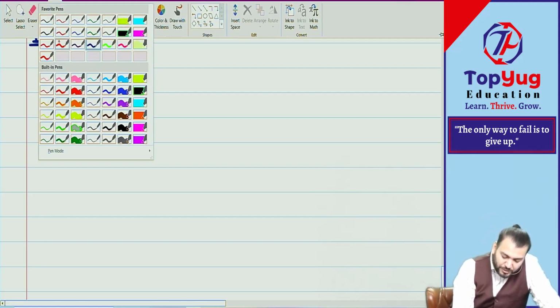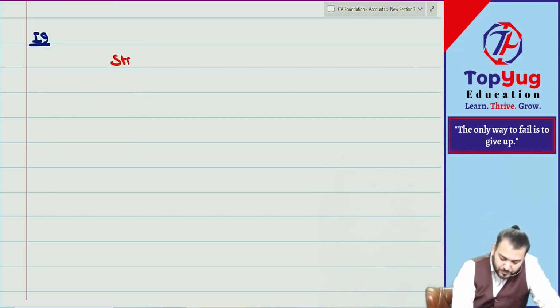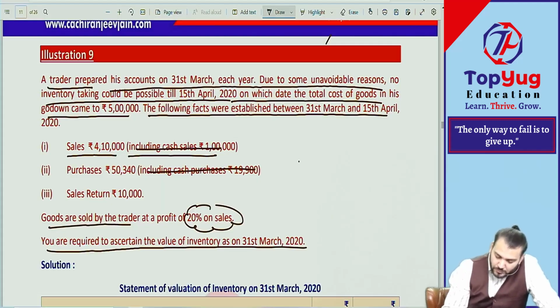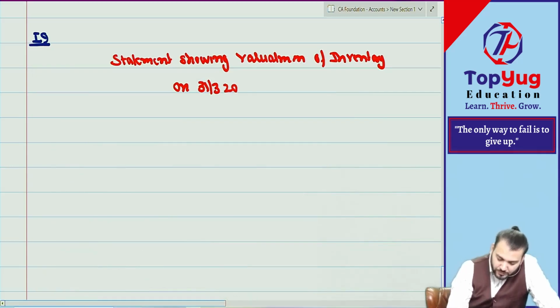In exam we write down in this way. Statement showing valuation of inventory on 31st March 2020.